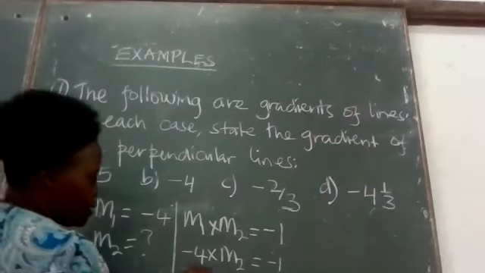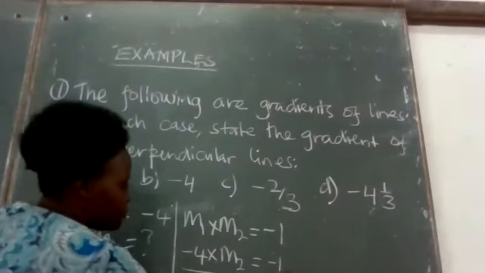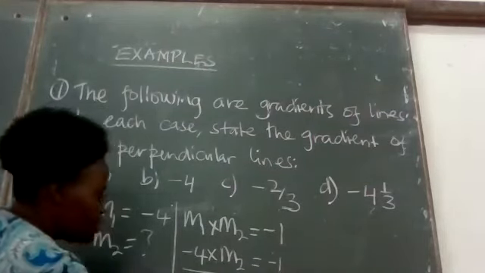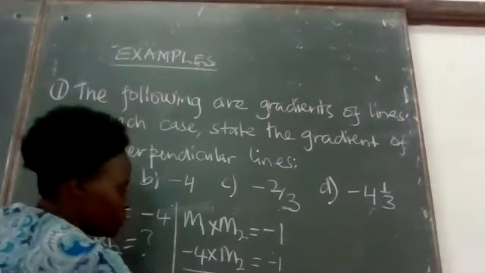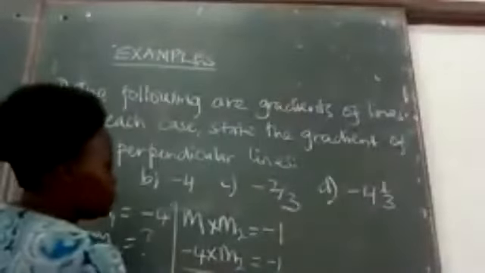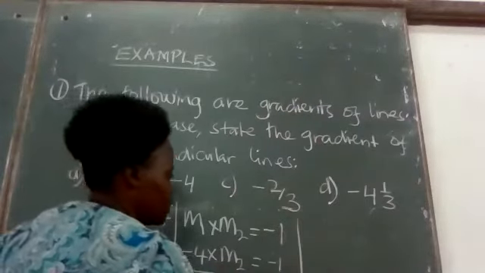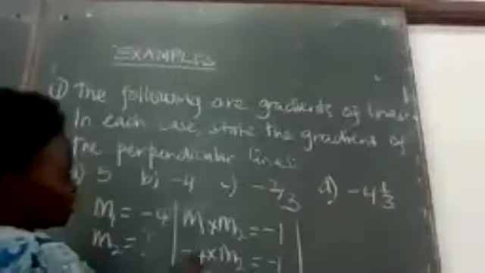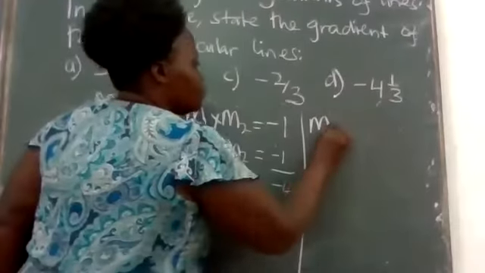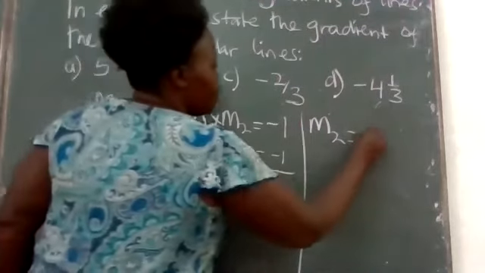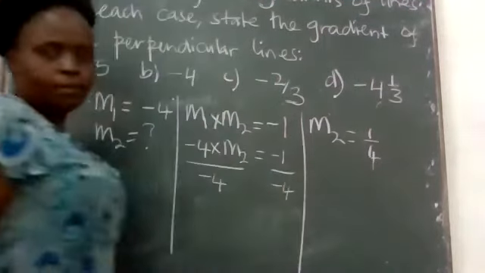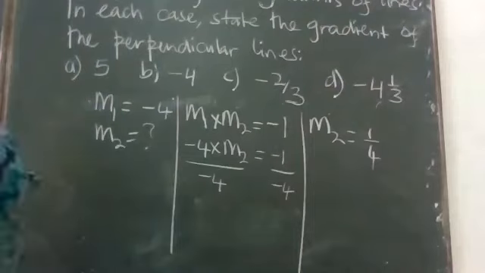So I divide both sides by -4, and M2 is equal to... Yes, so when you divide, we get M2 as -1 divided by -4, which is a quarter. And that's what she told us.